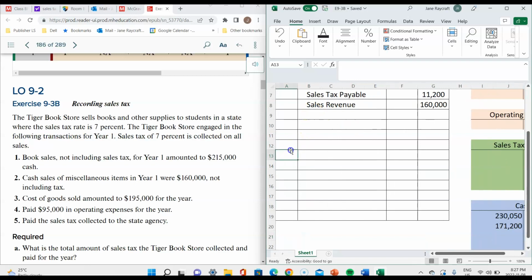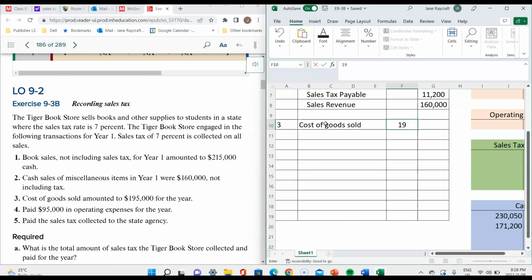All right, here we go. Transaction three. Cost of goods sold amounted to $195,000. Oops, I forgot an account. So we're going to have to add it, but that's okay. So I know cost of goods sold is a merchandiser's biggest expense, and expenses are always debited.